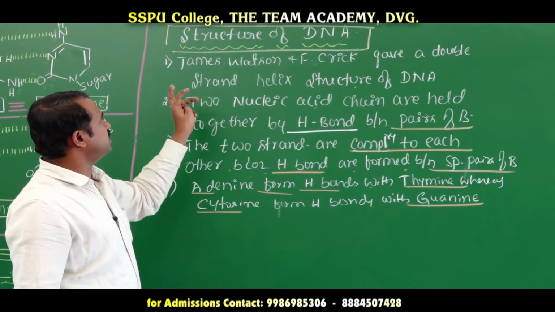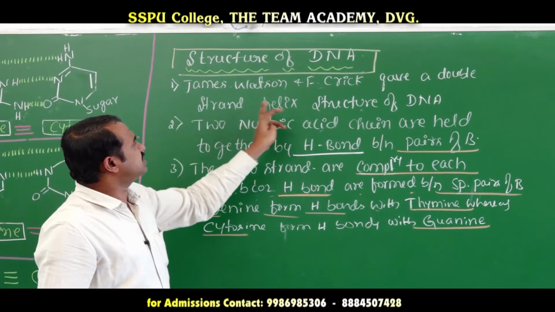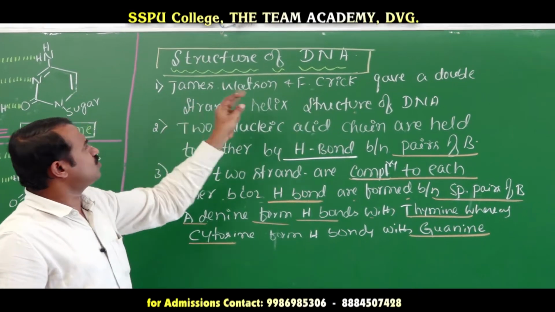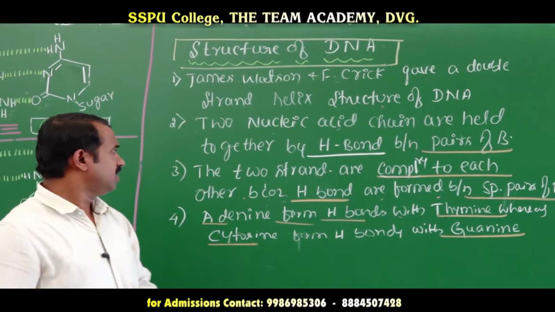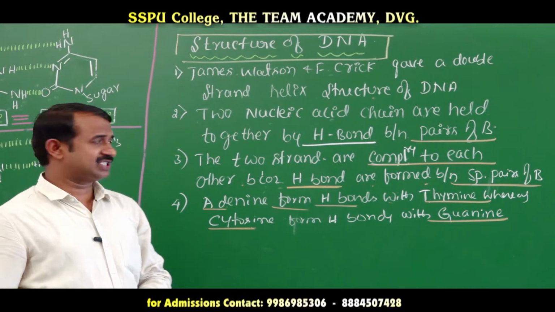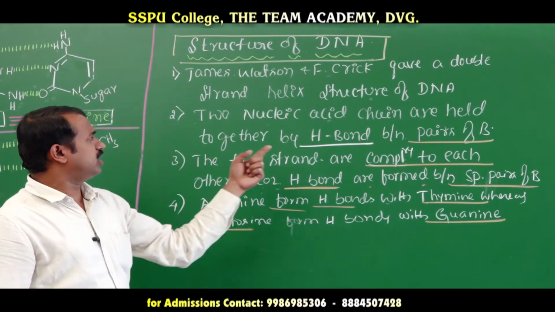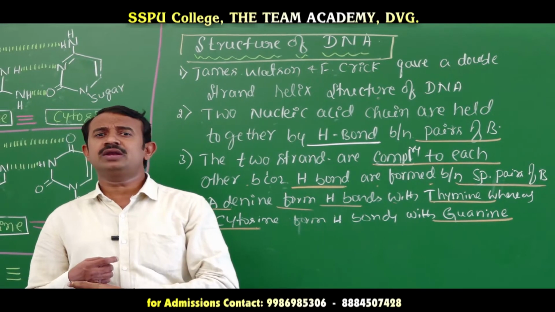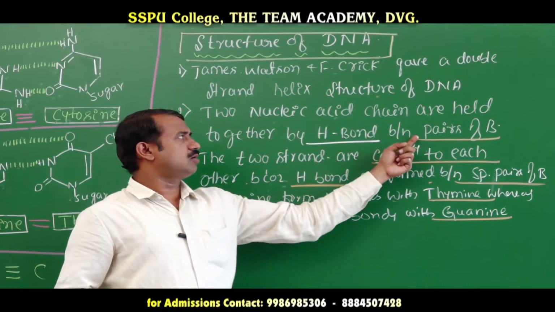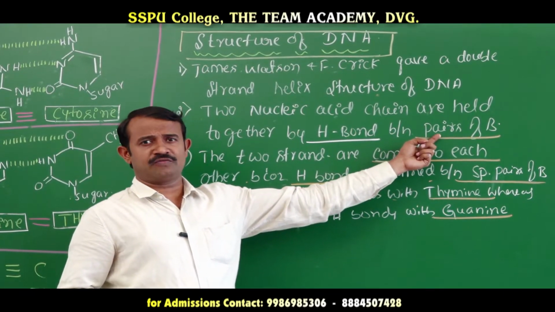First point, it has the double helical structure of DNA. James Watson and Francis Crick gave the double helical structure, and the two nucleic acid chains are held together by hydrogen bonds between pairs of bases.